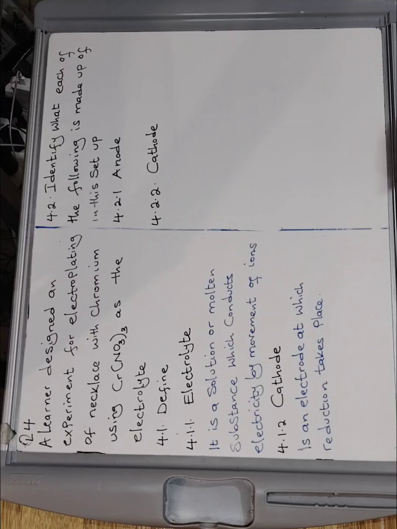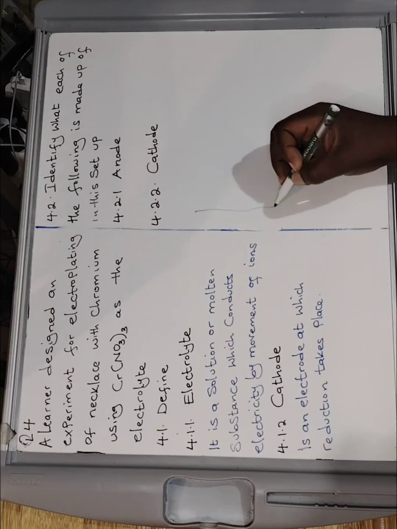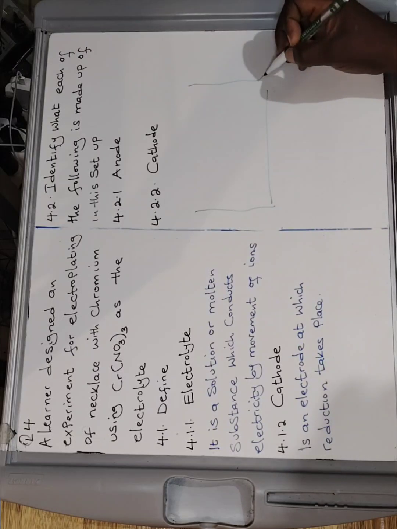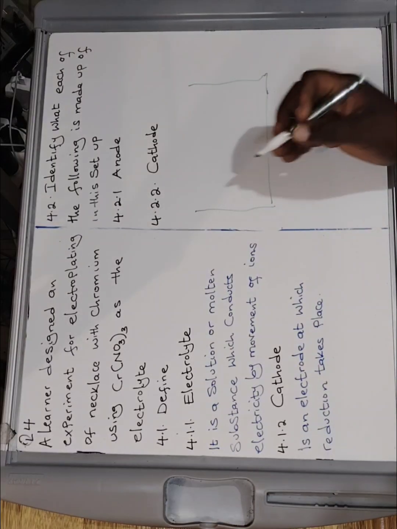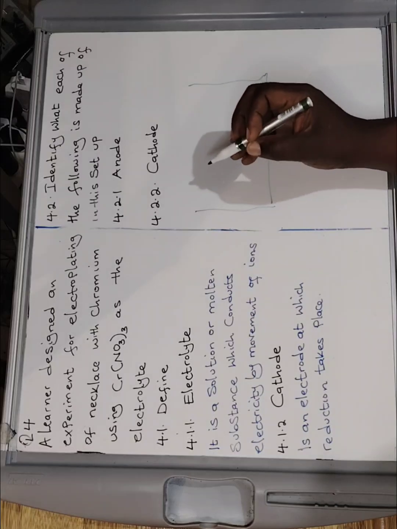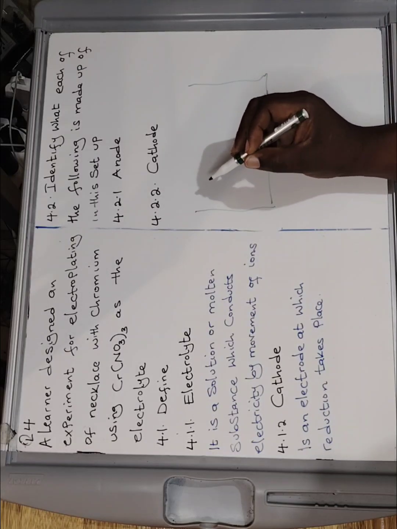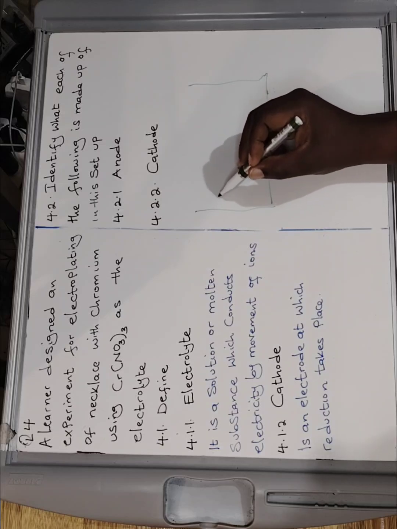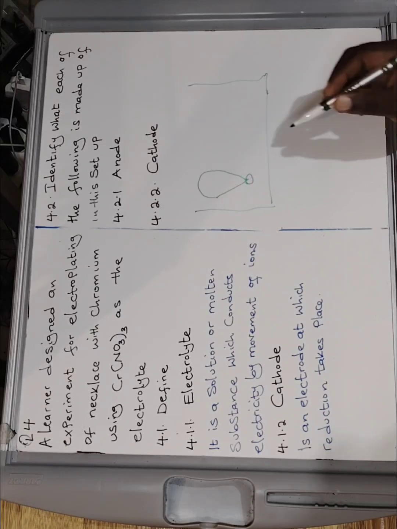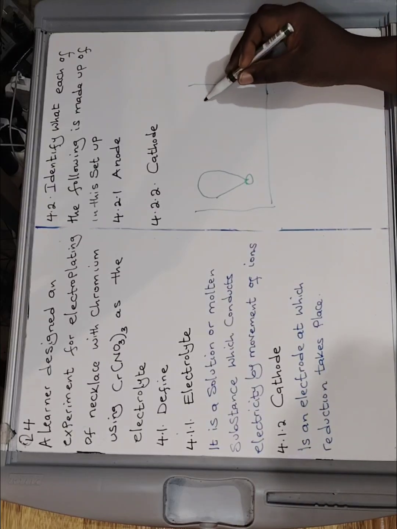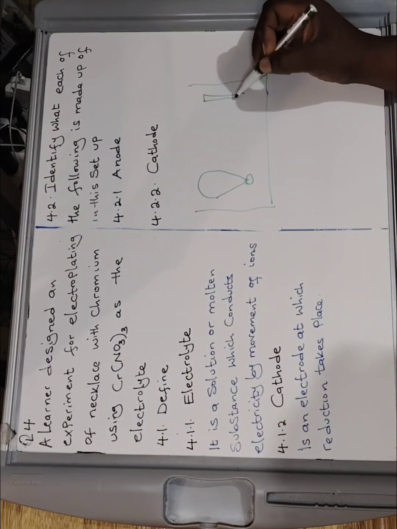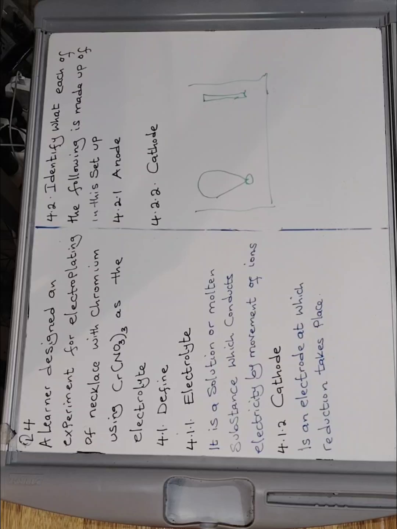It's just a sketch. What we know about this electroplating is that one of the electrodes is going to be the necklace. Suppose this is our necklace. And the other one is going to be this electrode. We are going to find out what it is.